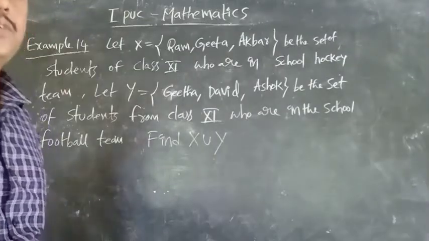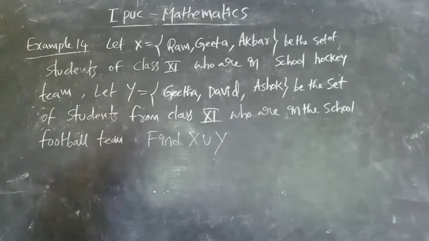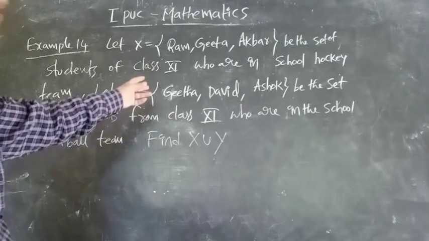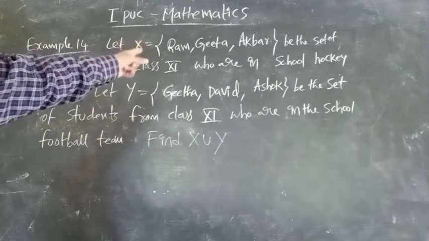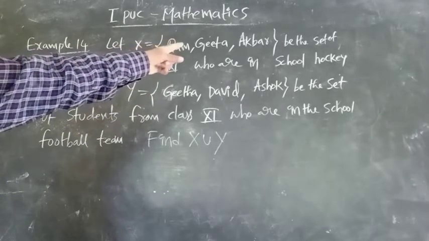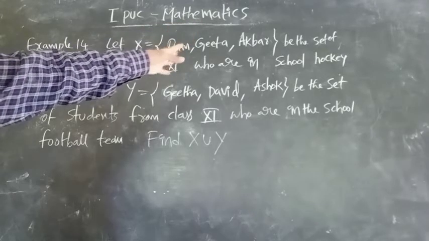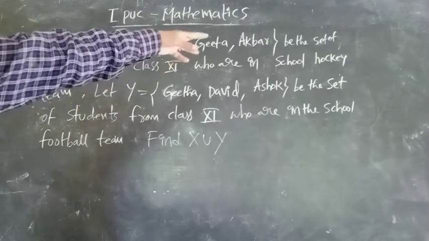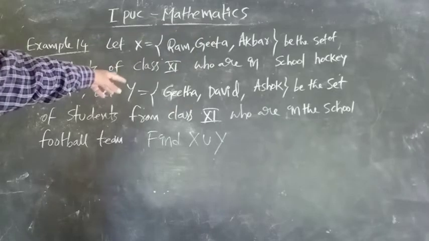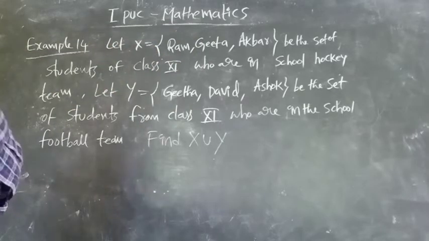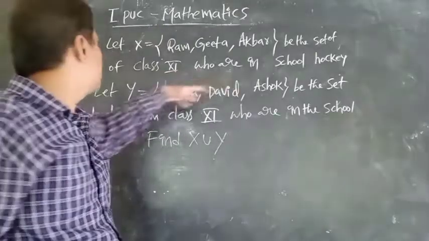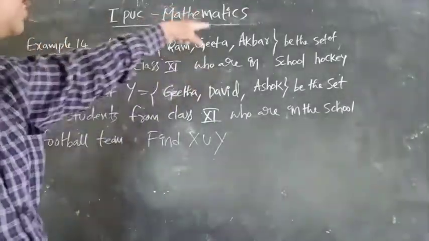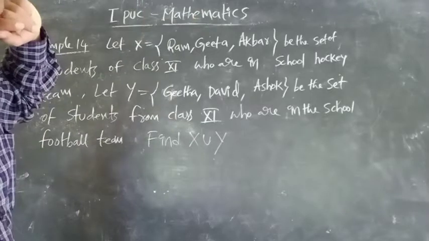See next question, example 14. Let X be one set given: Ram, Geeta, Akbar. This is one set, a collection of 3 students, a set of students of class 11 who are in the school hockey team. Ram, Geeta, Akbar.